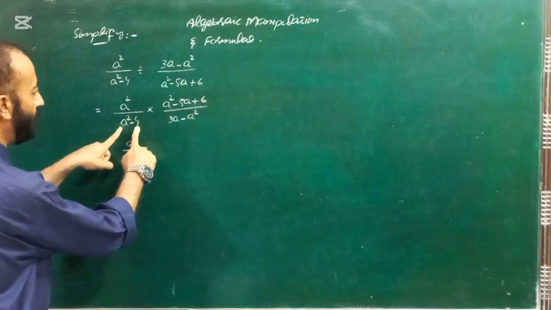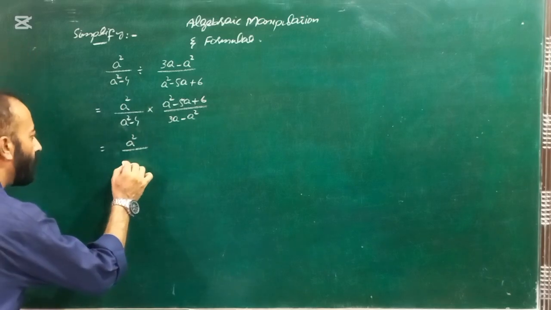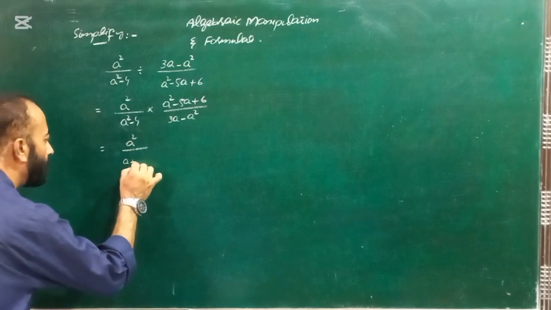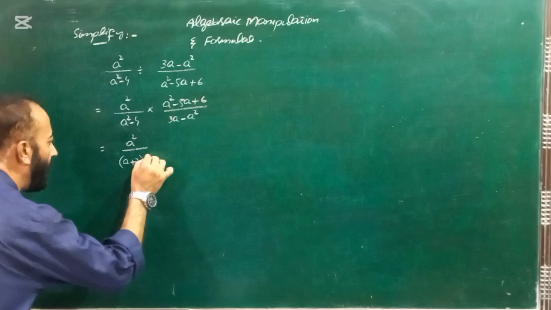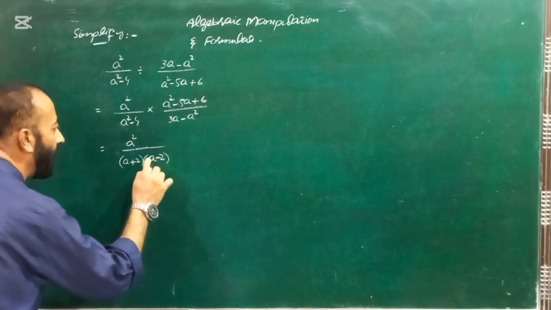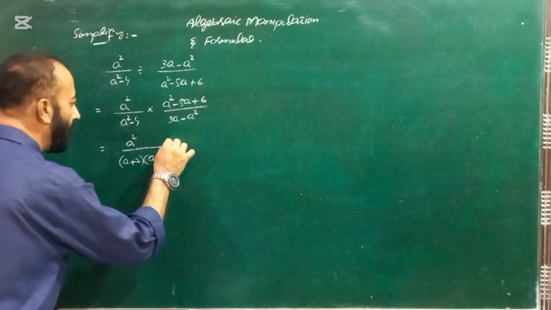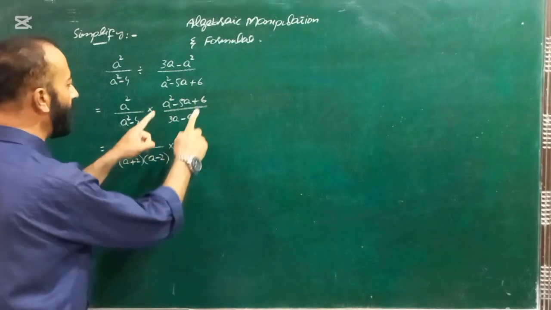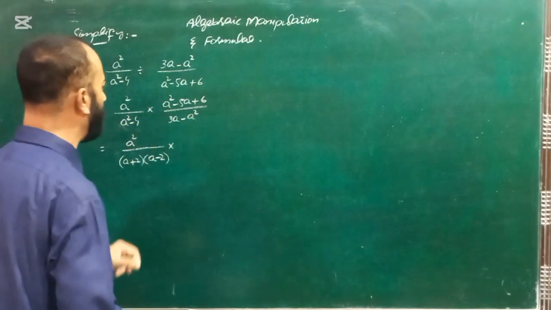So these 2 values will be added one time and subtracted second time. So a plus 2 into a minus 2. So the formula is applied.